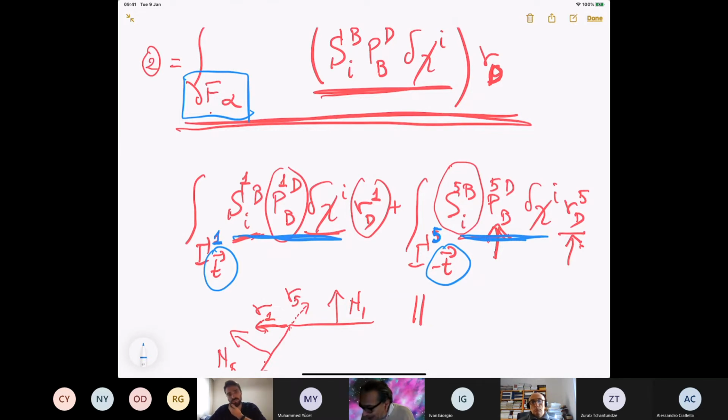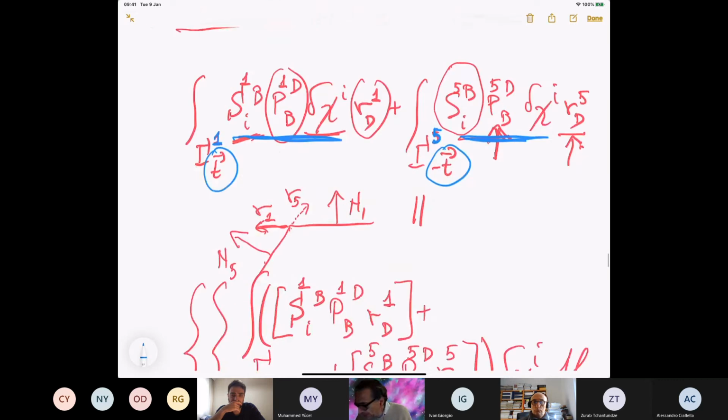So you have the terms with P1 and nu 1 and the terms with P5 and nu 5. Delta chi is assumed to be continuous, so it is the same for both sides.